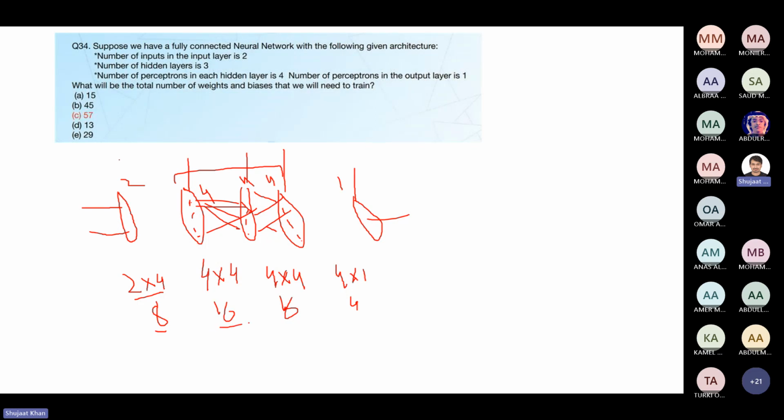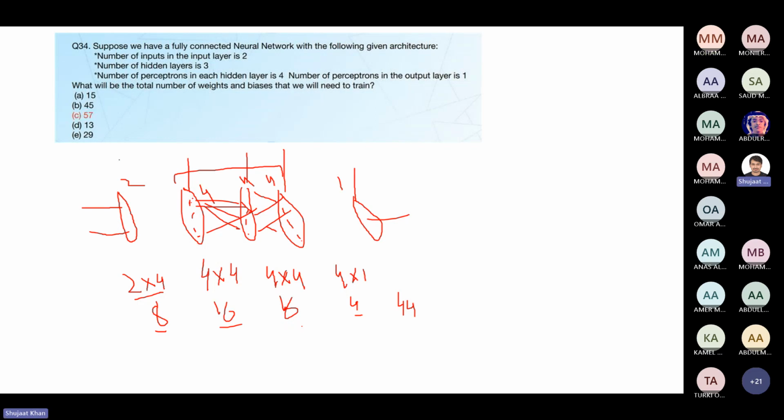So 8 and 16 and 16, 40, and plus 40 plus... so yes, in total 44 weights we have, and then we will have additional biases.